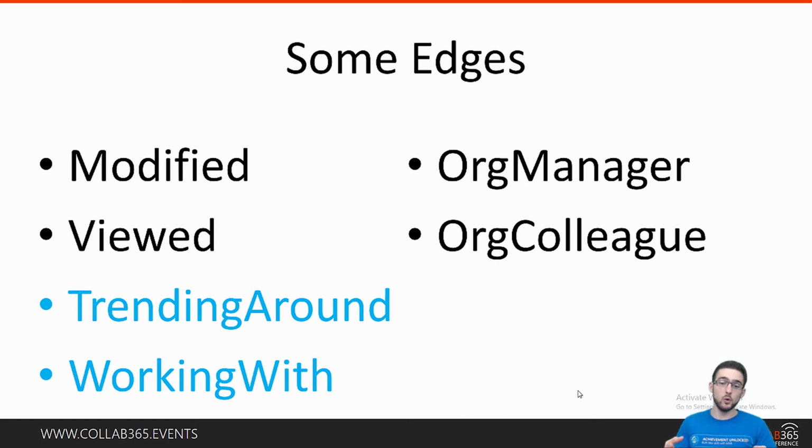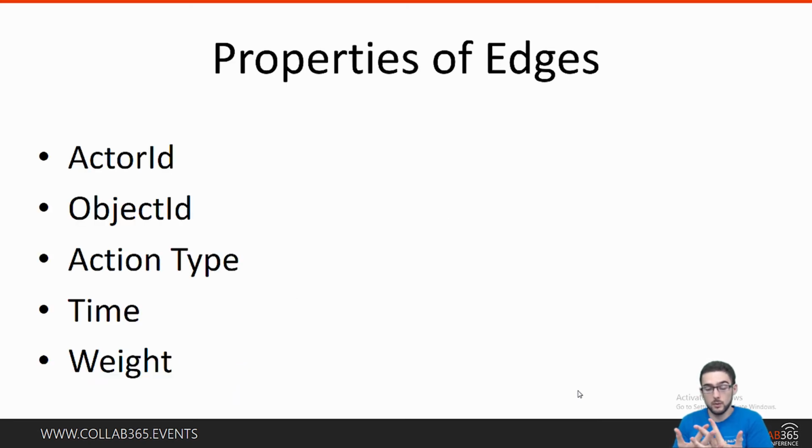So the Trending Around endpoint will bring up a lot of documents talking about these subjects. Working With is another insight based on all the emails I send every day, all the conversations I have on Yammer, all the documents I work on and other people work on too. It will pull up all the people, the actors, that might be in my team or might be working with me, based on that calculation.